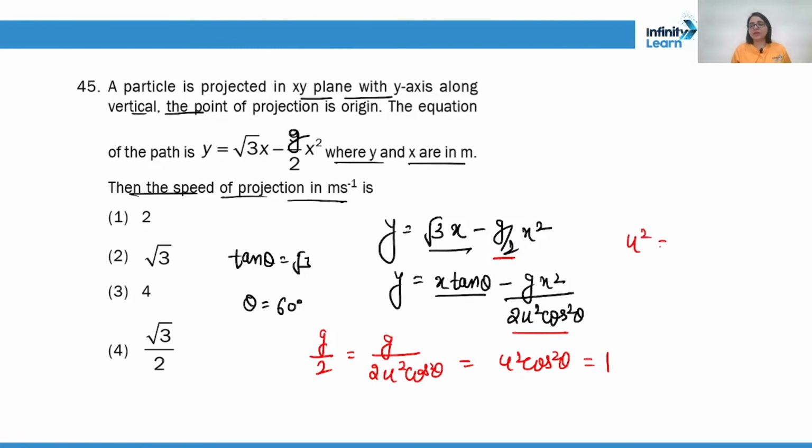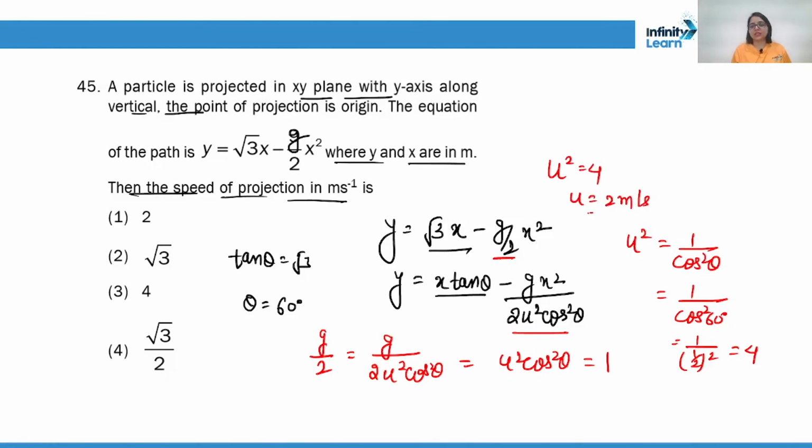So u square will be 1 upon cos square theta, and it is 1 upon cos square 60 degrees, which is 1 upon (1 by 2) whole square, which is equal to 4. So u square is 4, so u will be 2 meter per second. So the speed of projection is 2 meter per second, which is option 1.